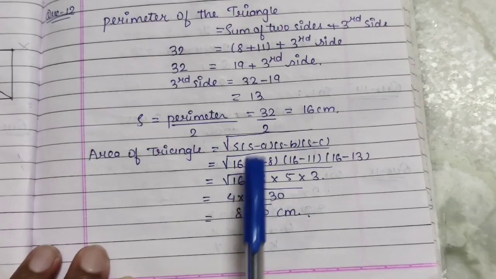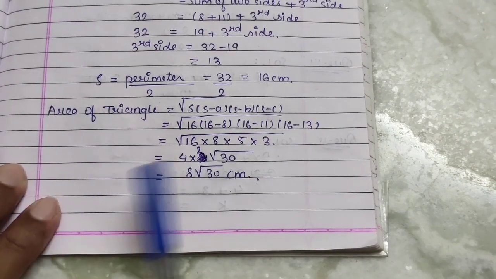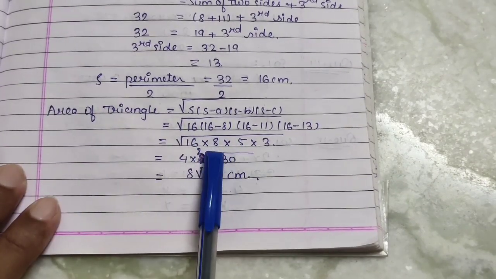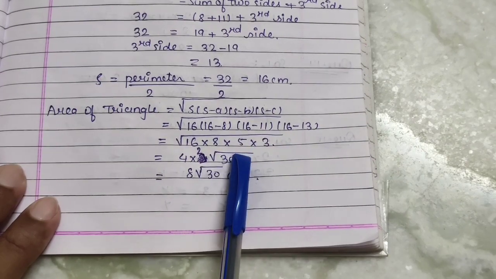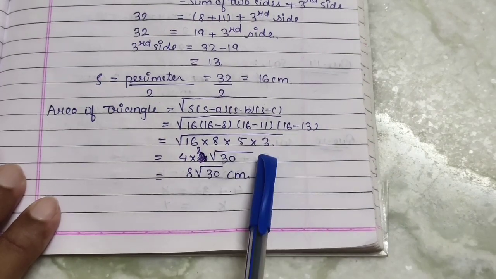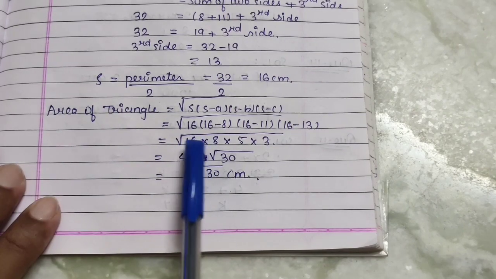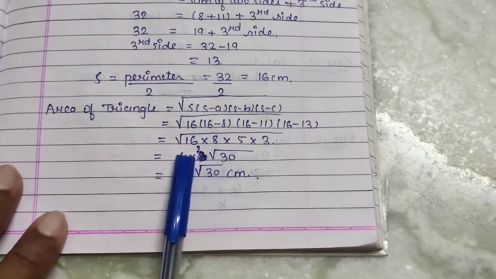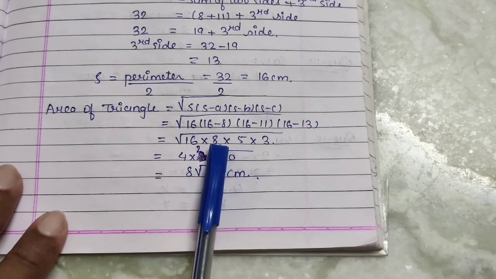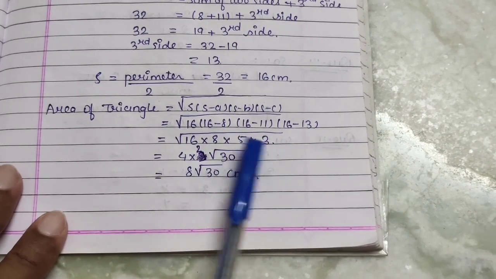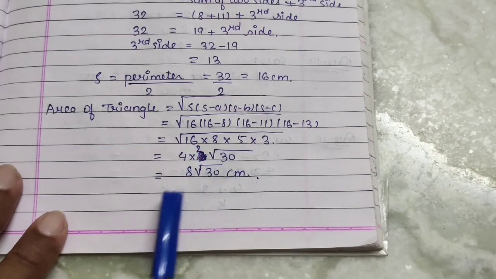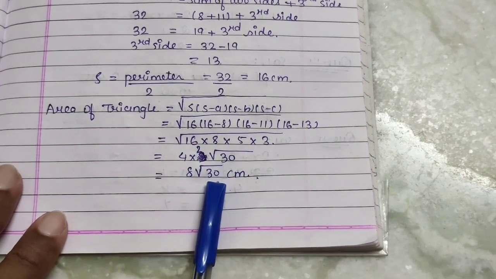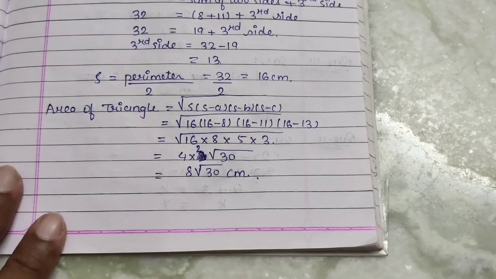Now you can see 16 minus 8 means 8, 16 minus 11 means 5, 16 minus 13 means 3. That means the square root of 16 is 4, multiplied by 2 makes 8, and the square root of 4 is equal to 2. The remaining part 2 multiplied by 5 multiplied by 3 is equal to 30. So 4 multiplied by 2 is equal to 8, and root 30 is your final answer.